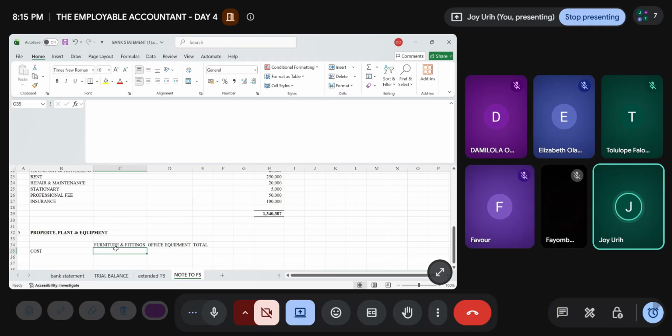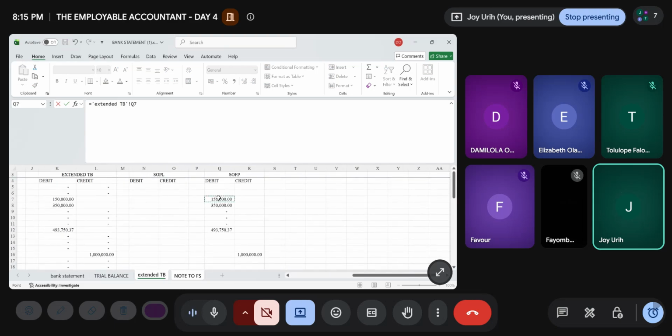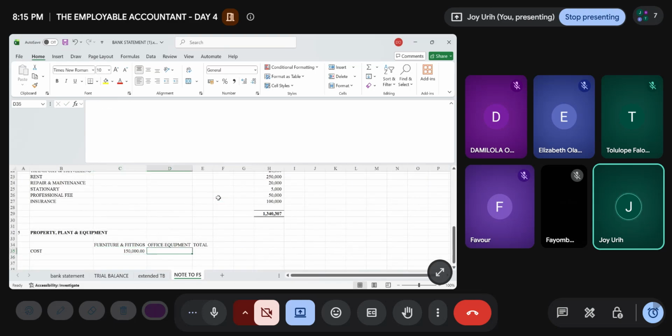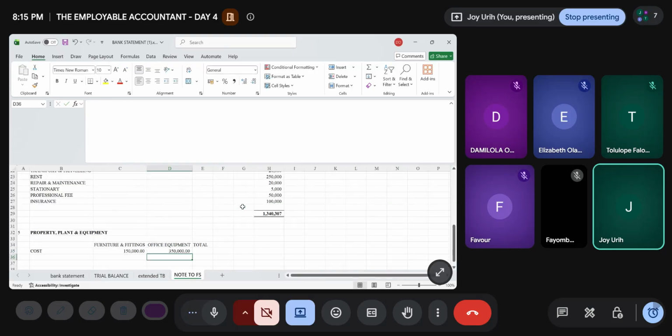So the cost of the furniture and fittings for the period we are working on, which is 2024, we'll bring it from the extended TB, which is this 150,000 for furniture and fittings, and 350 for office equipment. So I'm going to sum this up.